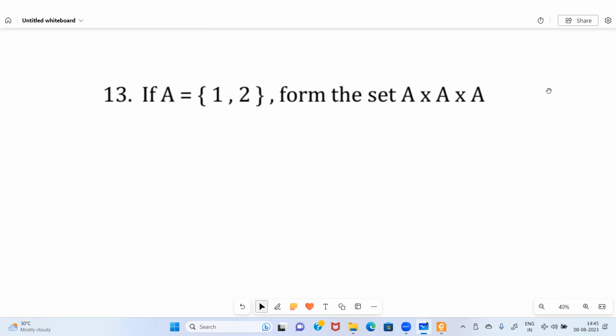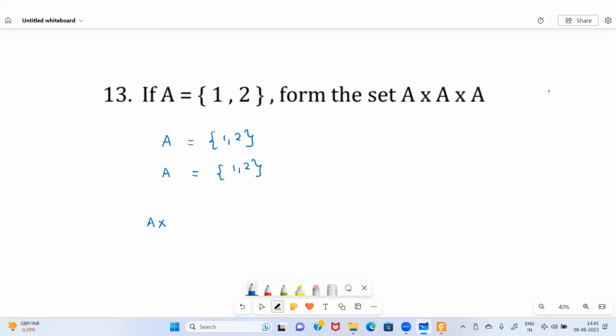Okay, students. Now, A is equal to 1, 2. Then form the set A cross A cross A. Okay. So first, let's do A cross A, which is very familiar to you. Set A is 1, 2. Set A is 1, 2 again.